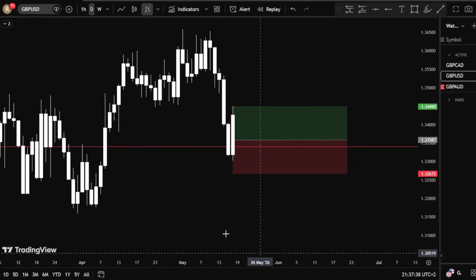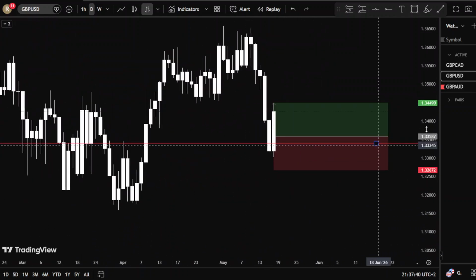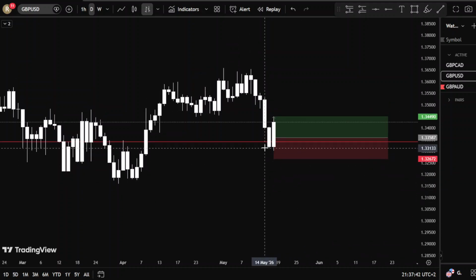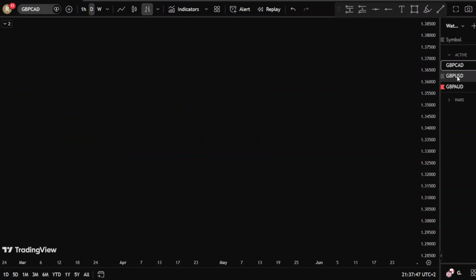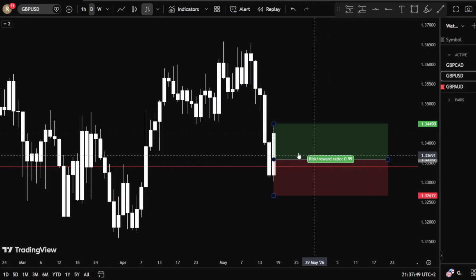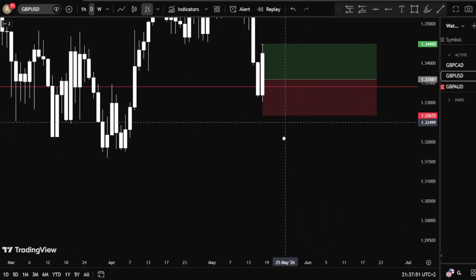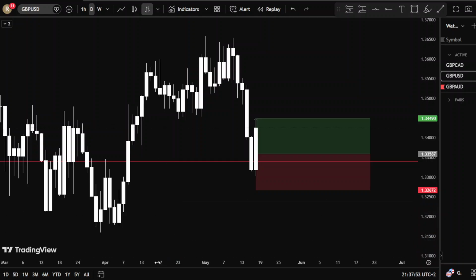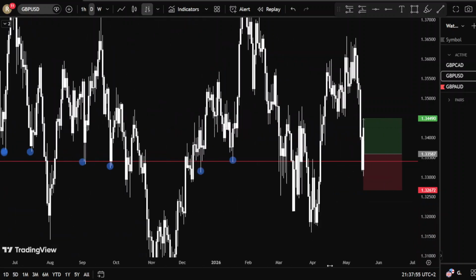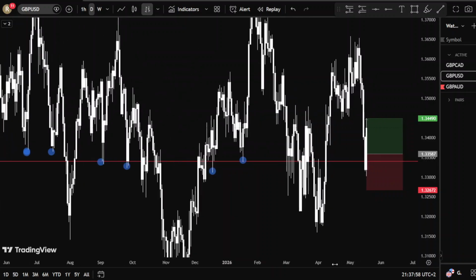And usually the trade doesn't go into profit this fast. I took it this morning and now it's the evening, and both GBP CAD and GBP USD hit the profit target. So anyway, that's the 2 wins for today.